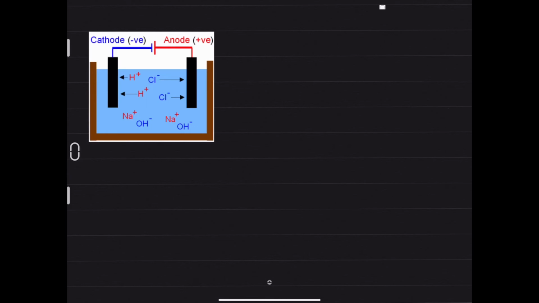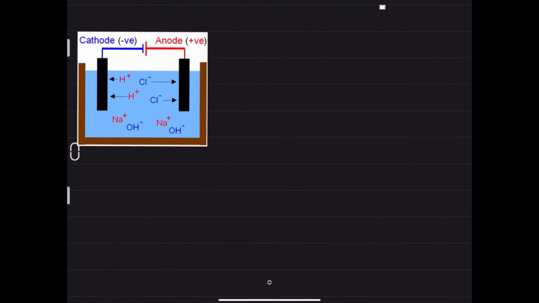Now we have to look at the half equation at the cathode. For the half equation we're going to get 2H plus aqueous plus 2e minus gives us hydrogen gas.